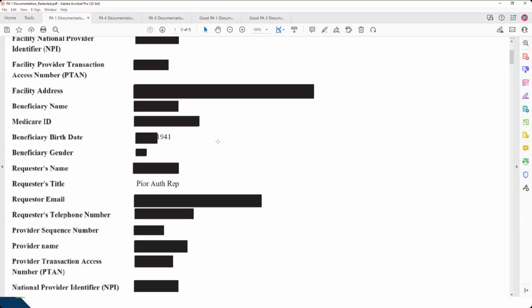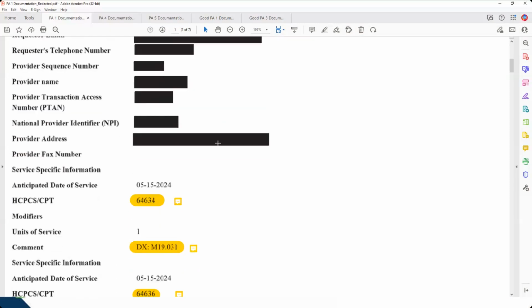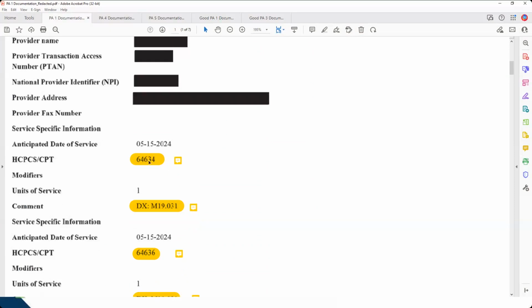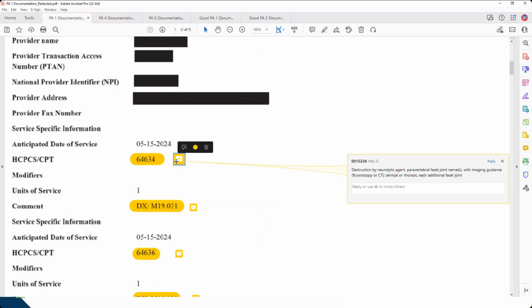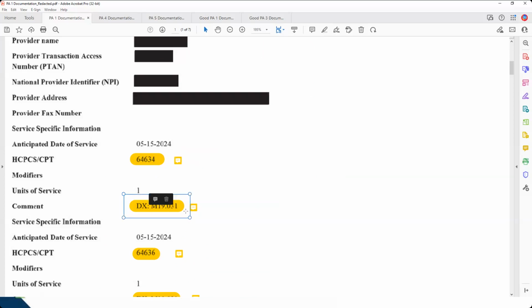But as we scroll down, we can see that the CPT codes that were requested are the 64634, which is destruction by neurolytic agent, paravertebral facet joint nerves with image guidance, cervical or thoracic, but this one is for each additional spine. So this isn't the initial. And then they have a diagnosis here for primary osteoarthritis of the right wrist.